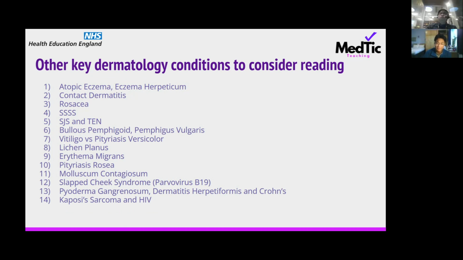I guess the most straightforward one I can think of is you're a foundation doctor in GP, and you'll be asked to review a skin lesion, and you might be asked to take a history, and you get shown a photo afterwards and asked what you're going to do or what it is most likely to be.